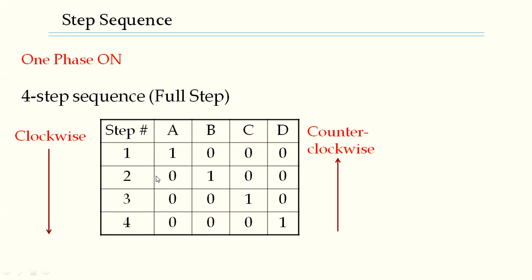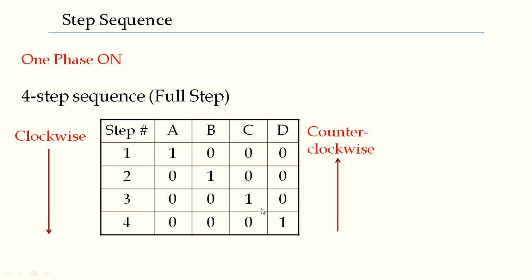For example, if the sequence is 0, 1, 0, 0, effectively we are applying a voltage of 0 to coil A, 5 volts to coil B, and 0 volts to C and D. So the internal rotor would again align itself to coil B.